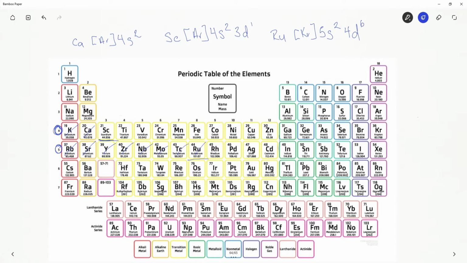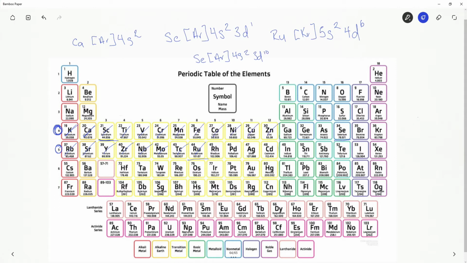Let's do one more electron configuration just dealing with the d's. We will do the electron configuration for selenium right here, atomic number 34. The noble gas that I'm going to use is argon. Here I'm in my 4th period, so I have 4s, 1, 2. Moving into my 3d's, 1, 2, 3, 4, 5, 6, 7, 8, 9, 10.